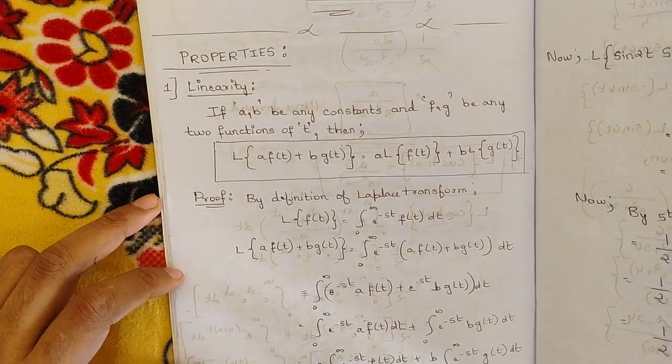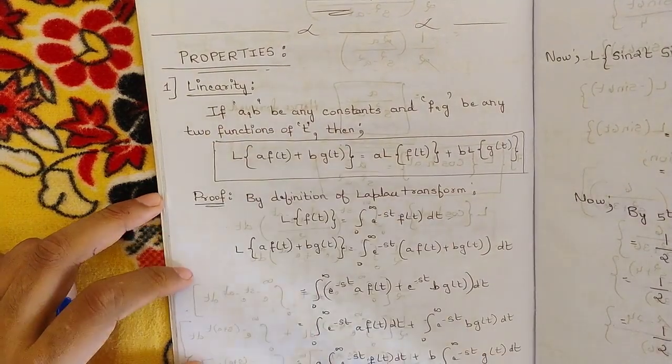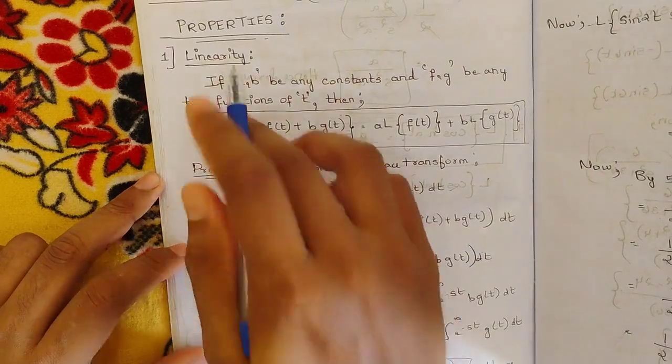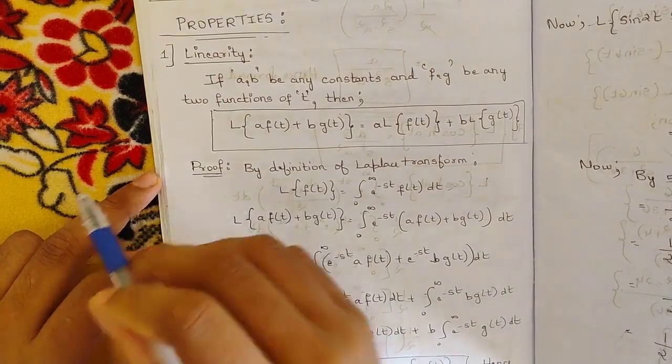The first property is the linearity property. Let us see what it says.